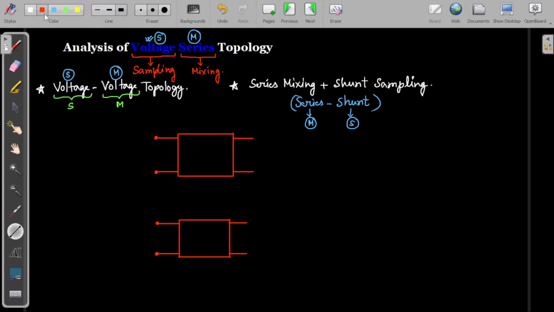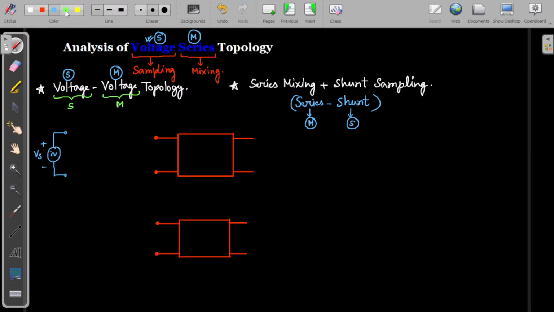So that means if we have Vs here, plus minus Vs, this Vs will be connected in series with this feedback.